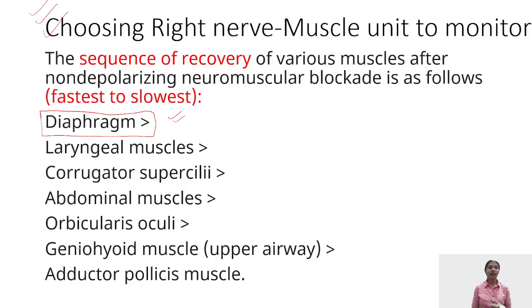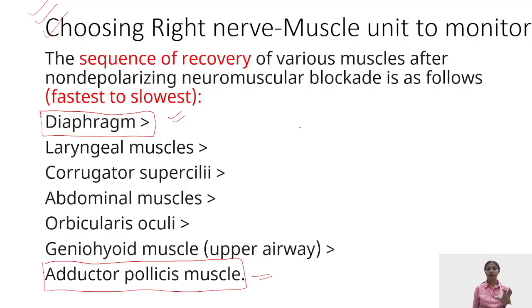Done. And the last muscle to come back during the time of recovery is the adductor pollicis. This is what you have to remember. The first muscles that come back are your diaphragm or your laryngeal muscles. And eventually the late muscles to come back are your upper airway muscles and your adductor pollicis muscle.